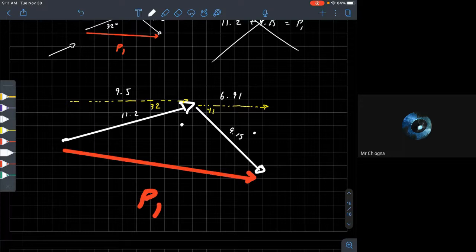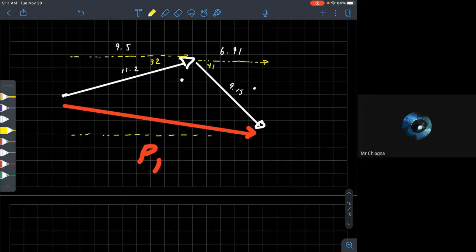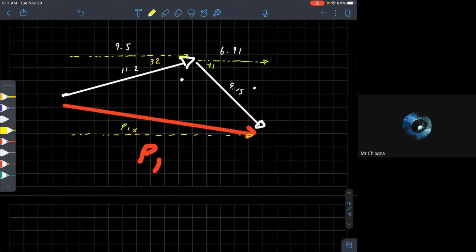Okay, so why did I do that? Because you can show the following: these two yellow X components are equal to the X component of this resultant. That is P1X. And they're all parallel. So mathematically, if vectors are parallel, you can simply add or subtract, depending upon whether they're in the same direction or not.